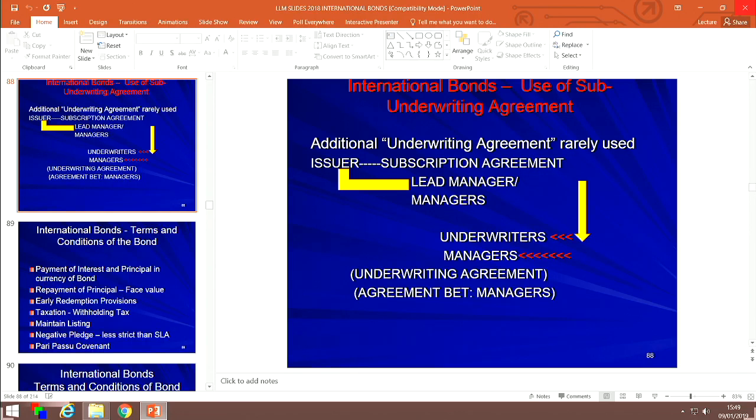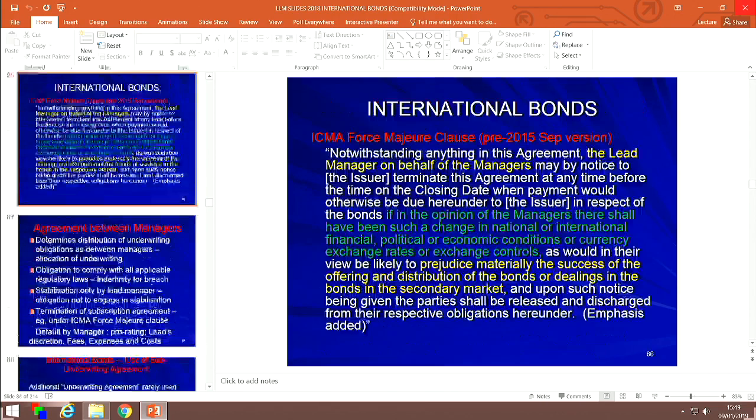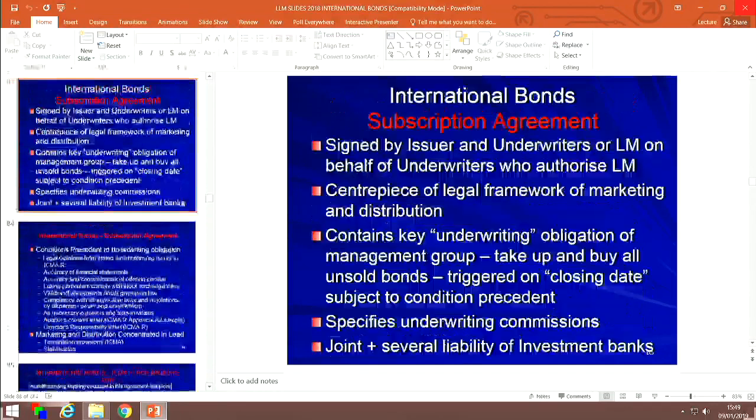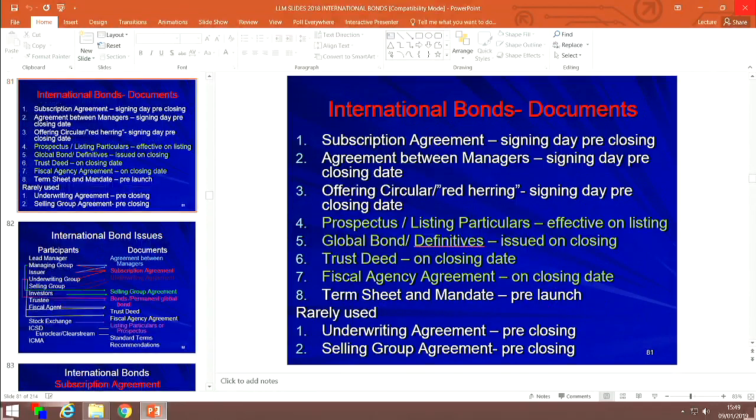Okay. The fourth document that we need to think about is the actual offering circular on that list of documents that are signed on signing date. That one. What is called the red herring or draft offering circular, which is submitted to the stock exchange on which the bonds are to be listed.